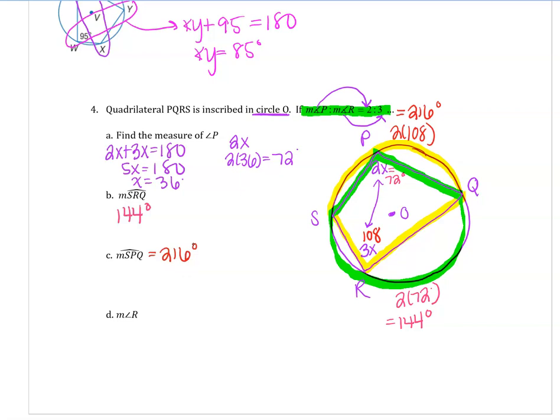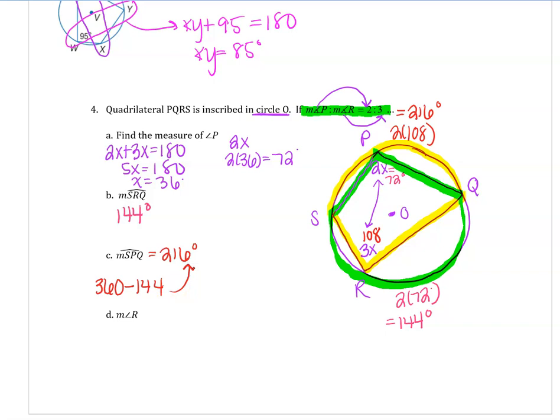Now, I said there were two ways. You know that the number of degrees in a circle, with all of its arcs put together, is 360 degrees. So technically, if I know this arc in green right here is 144, I could also do 360 minus 144, and that would still give me 216 as well.